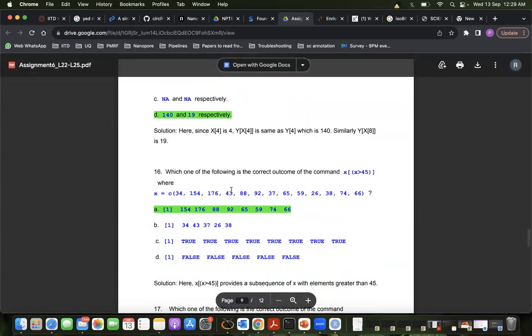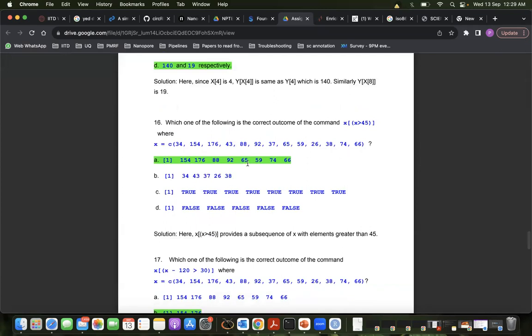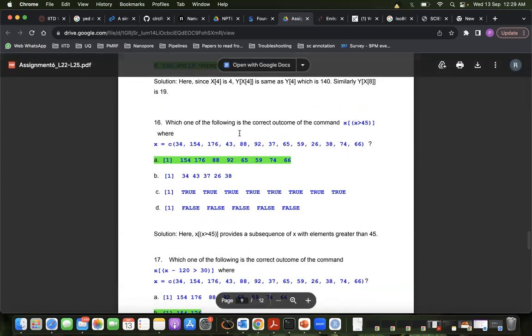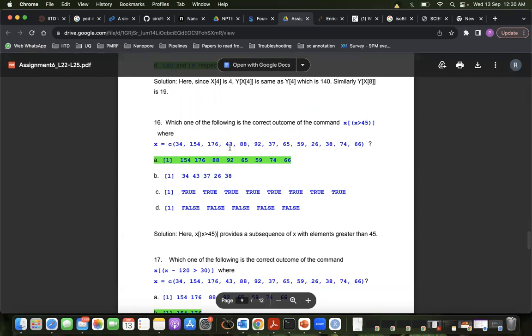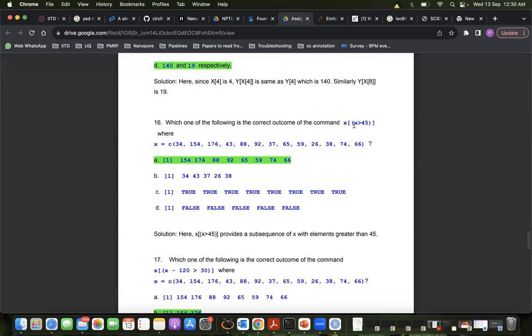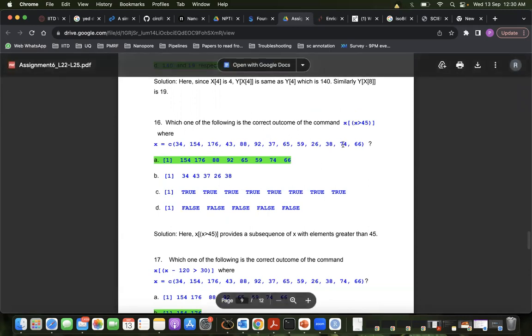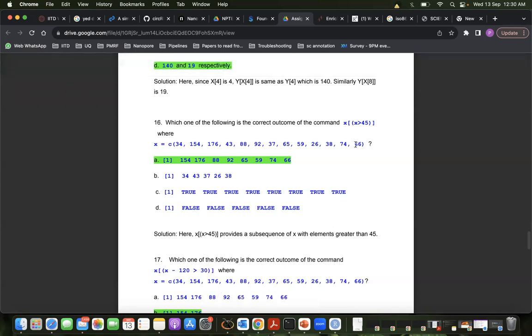There was one more question like this. Which of the following is the correct output of x[x > 45]? Internally, when you compare x greater than 45, you get true, false values, as many as the number of elements.